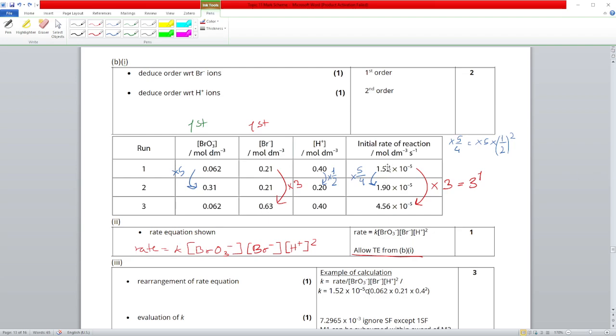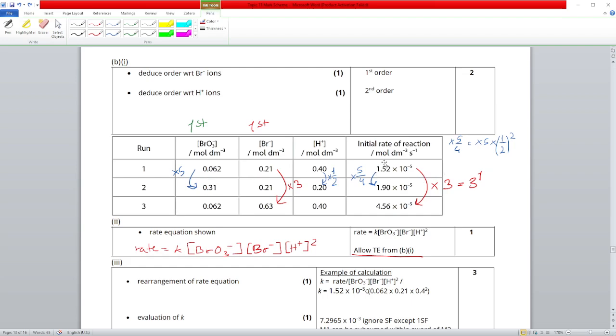So this red number, this bromine, went 3x from experiment 1 to experiment 3. At the same time, initial rate also went 3x, which means 3 to the power 1, which means it's a first order. That's great. Now let's compare experiment 1 and 2 to figure out what the heck is the order of reaction for the hydrogen ions here, the H+. The bromate, BrO3-, goes 5x. It is changing by a multiplier of 5 between this and this.